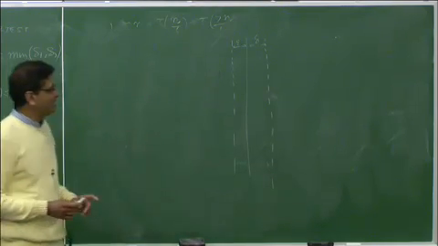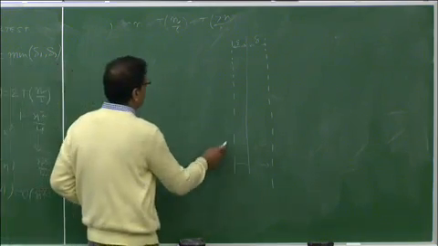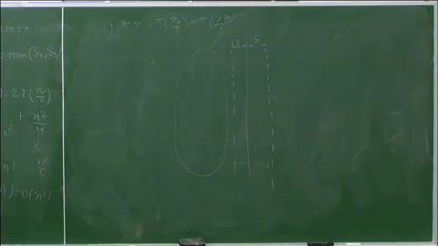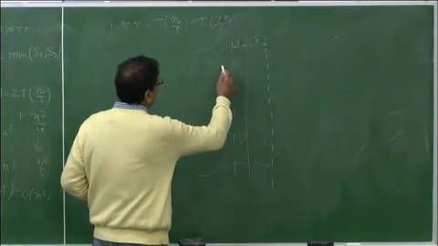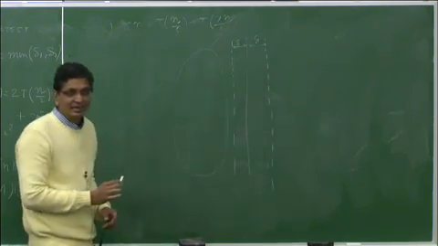Now, what is guaranteed is that none of these points can contribute to the shortest distance. Correct? Because if I look at any of these points here, if the shortest distance was to this point, I already covered that.